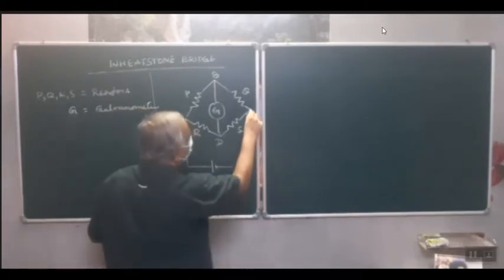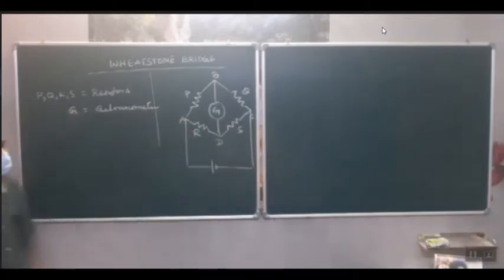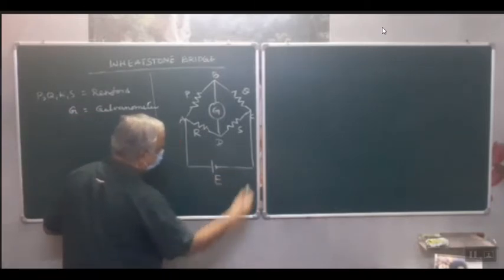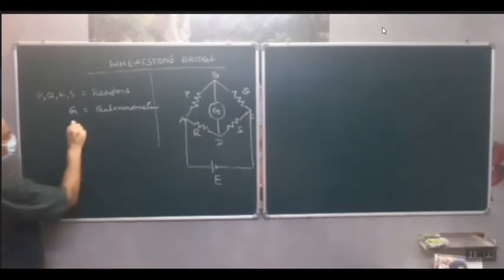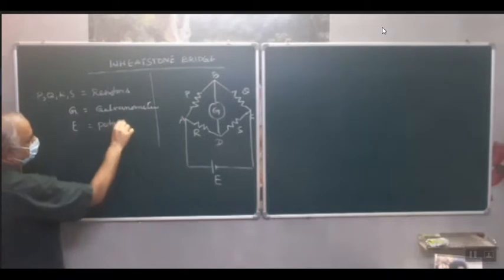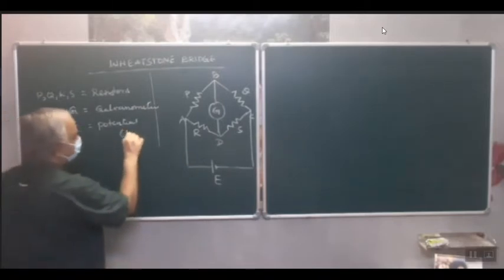Now the junctions A and B are connected to a battery, that has a positive electrode, anode, and a negative electrode, cathode. That is represented as E, representing the potential provided externally.